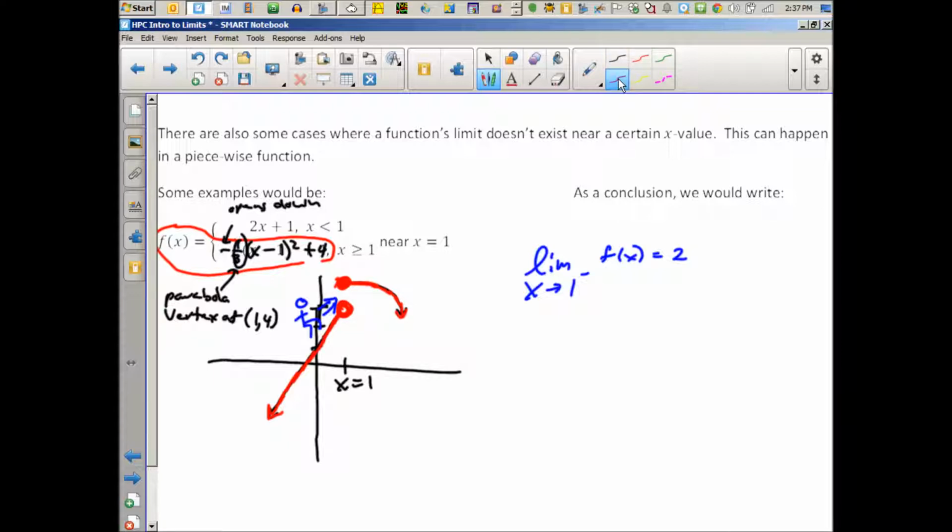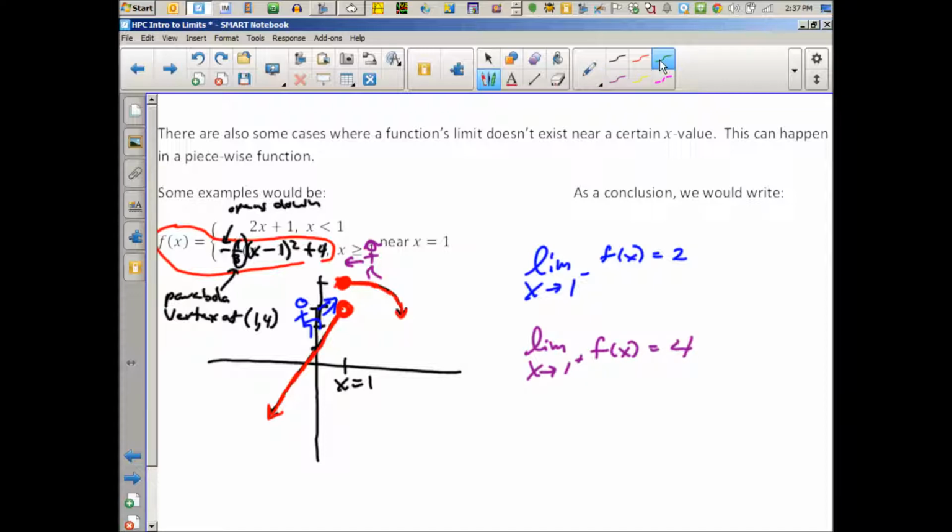Now let's go purple for the girl. Here's the girl coming in. Okay, she's coming this way, and you can see that she's trying to arrive up here at this vertex. See? So in purple we could write the limit as x goes to 1 from the right of f of x is, and the y-coordinate of that point was actually 4, you remember.